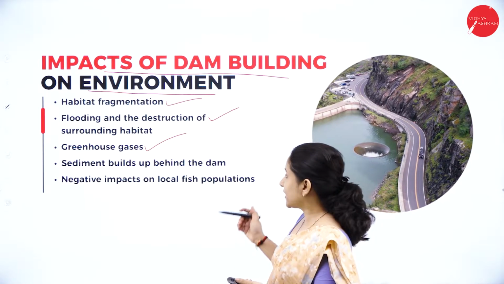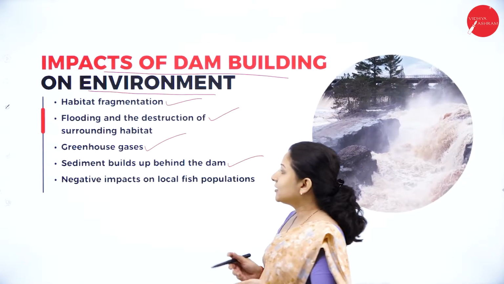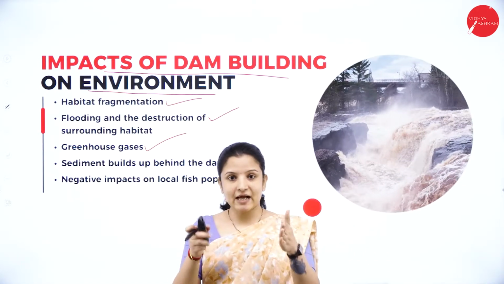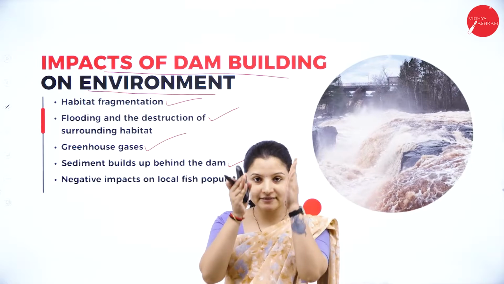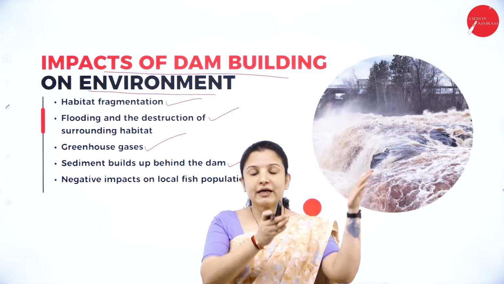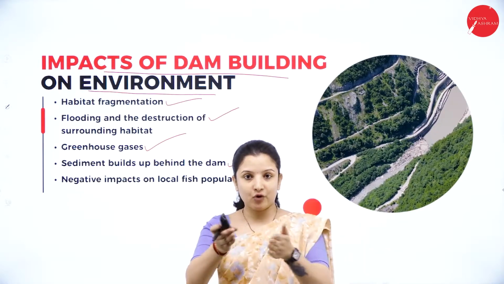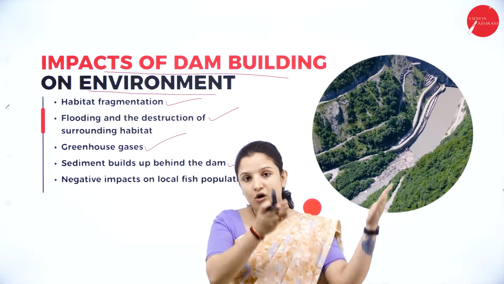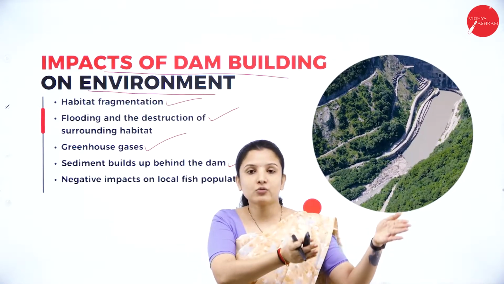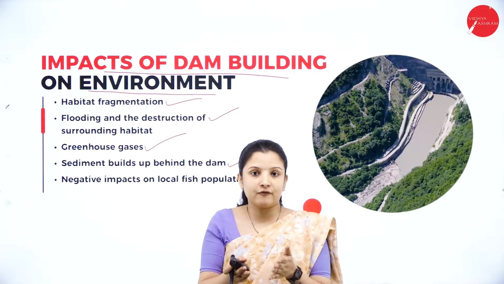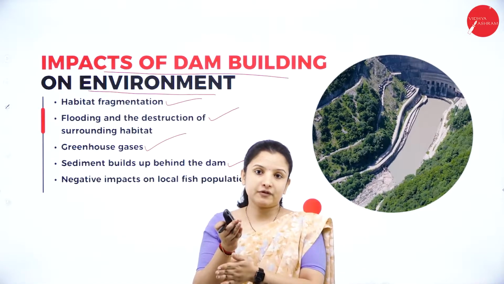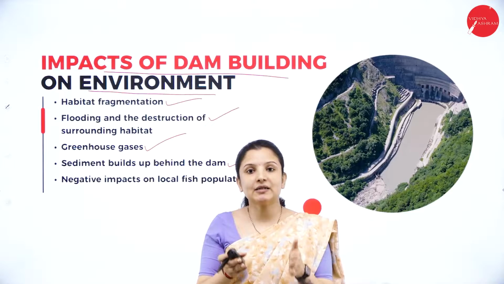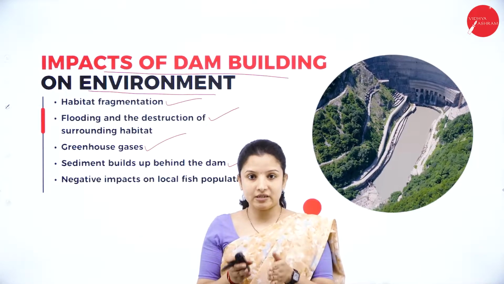therefore increasing the greenhouse gases. And not just that, there are sediments. Because dams are built in the center of a river, right, so that whatever water is flowing can be collected by the huge dams. When the water is flowing, what happens? Along with that, soil also tends to flow. But the further flow of the soil is prevented by the dam in the middle of the river.